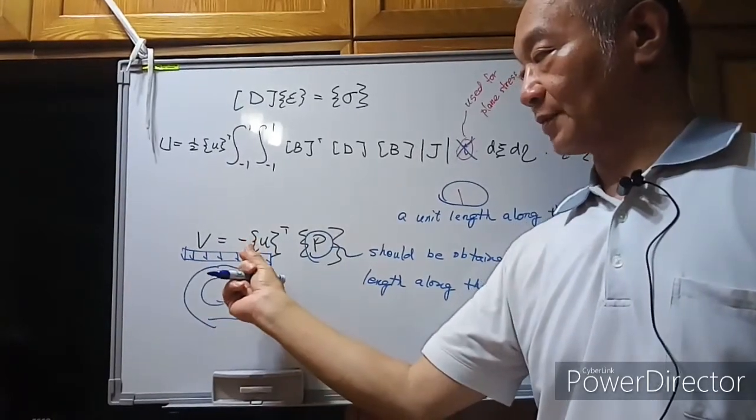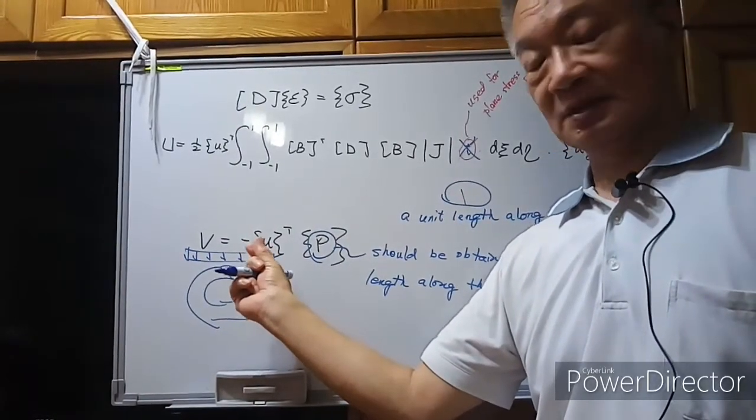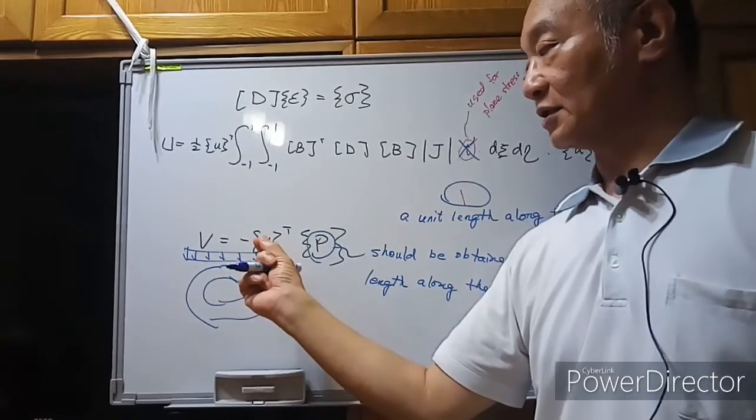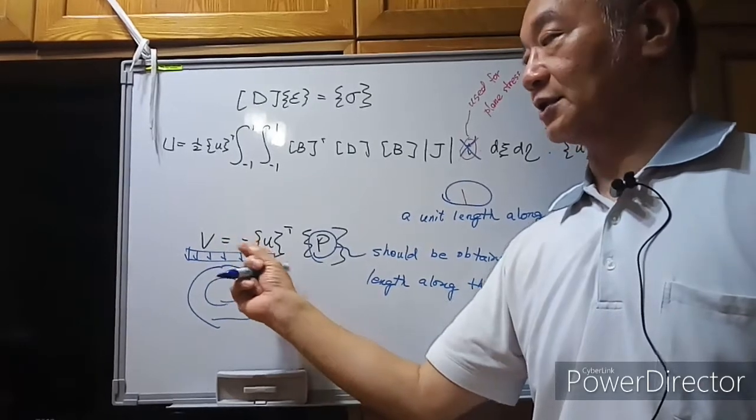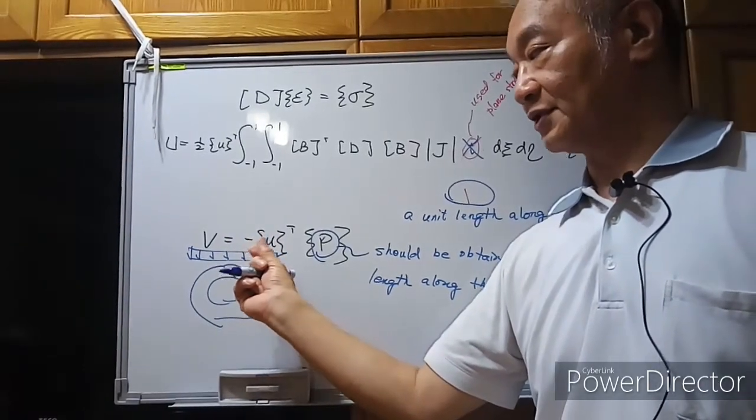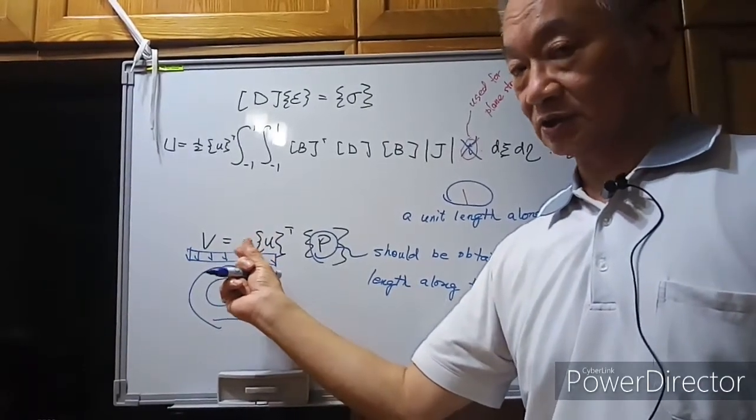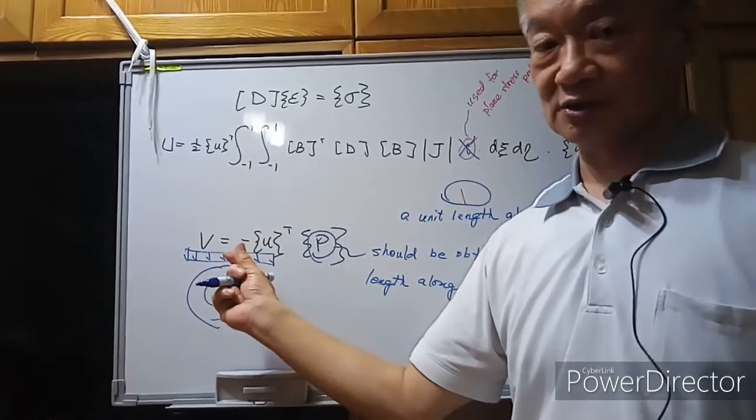Also, you need to multiply the thickness, or you can say the considered density, which is obtained from a unit length along the z direction.